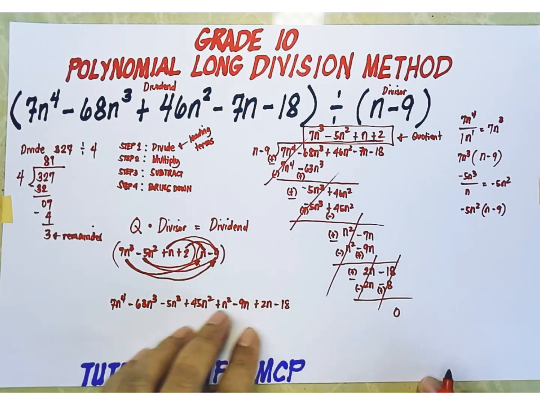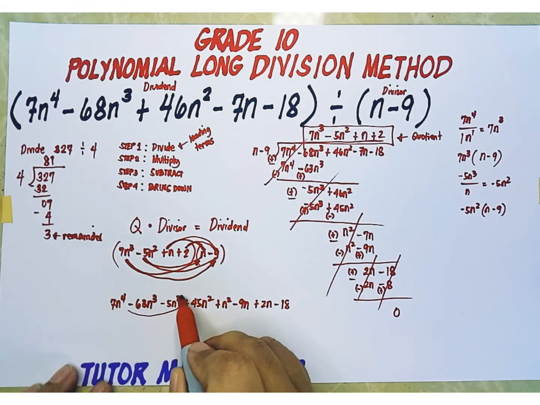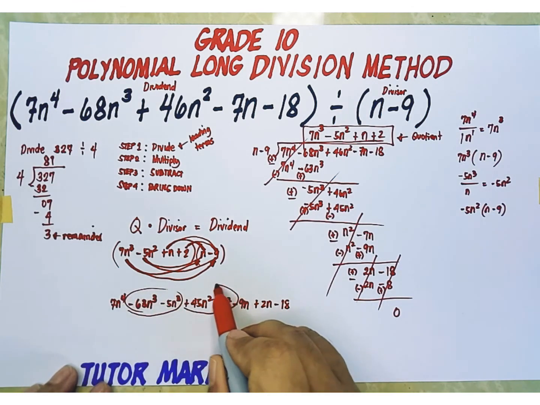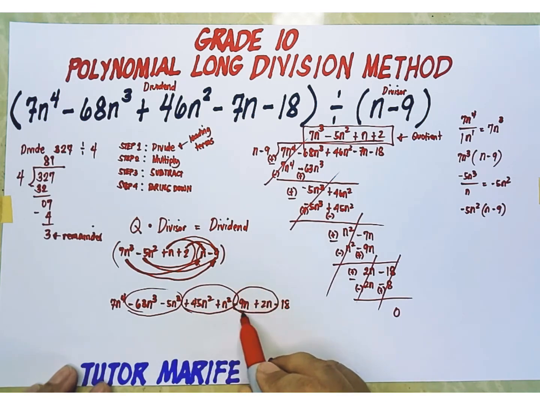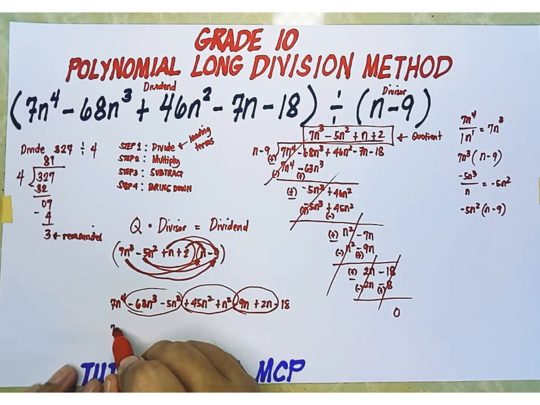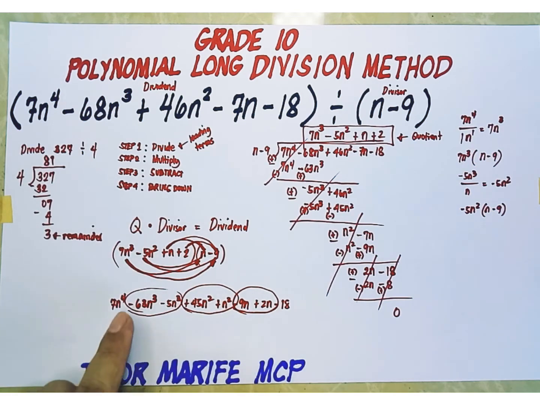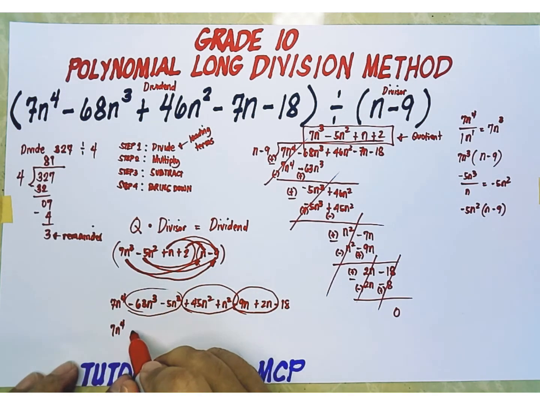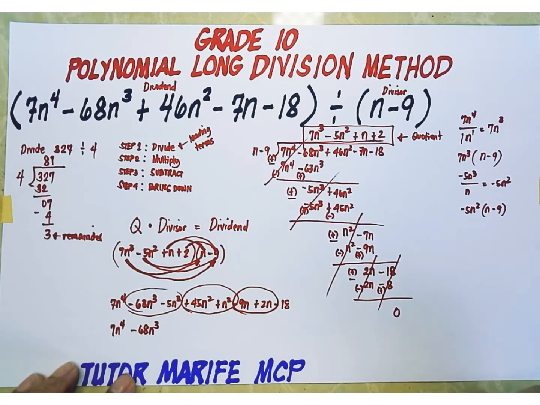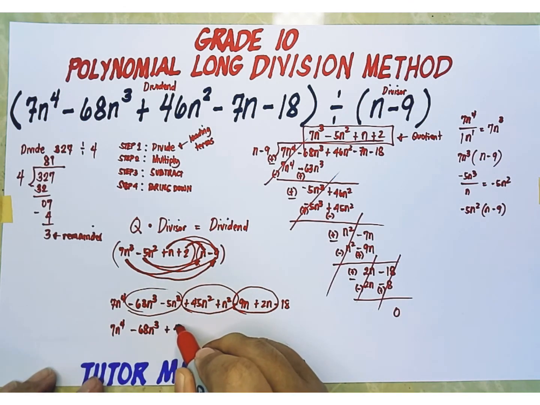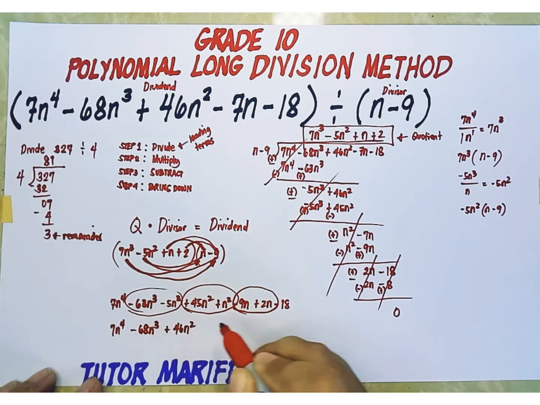We simplify by combining like terms. These are like terms. So we have 7n to the fourth power. Negative 63n cubed minus 5n cubed is negative 68n cubed. Positive 45n squared plus n squared is positive 46n squared.